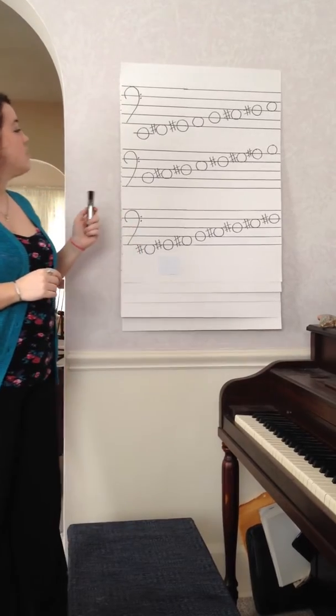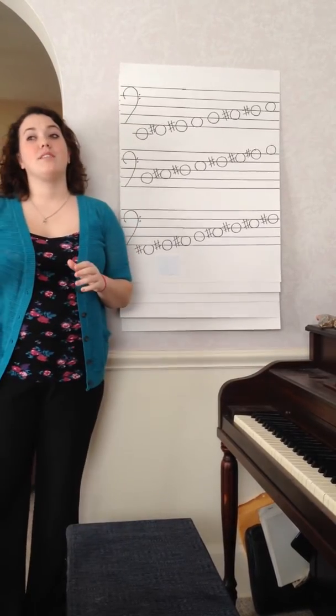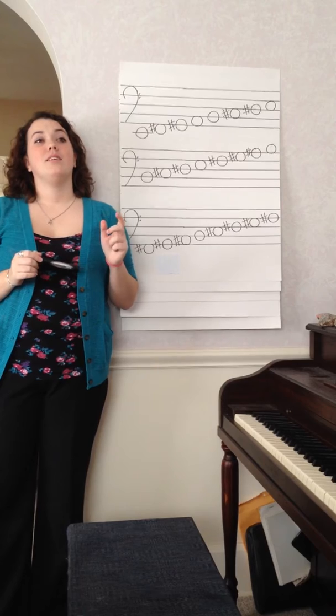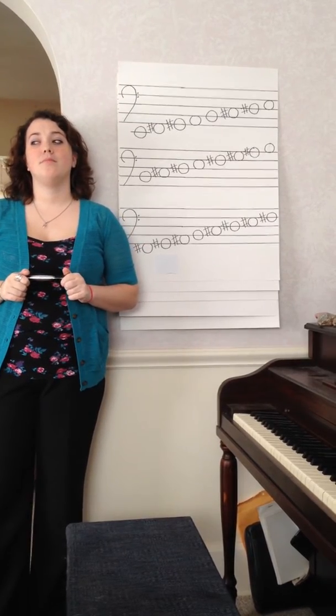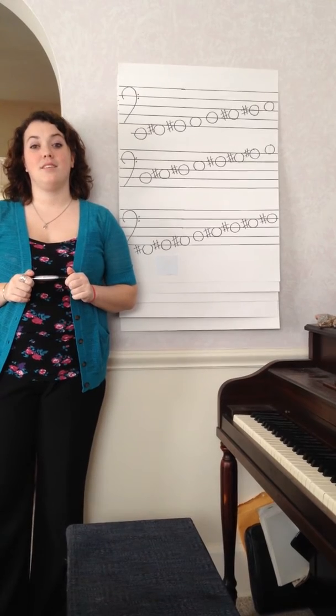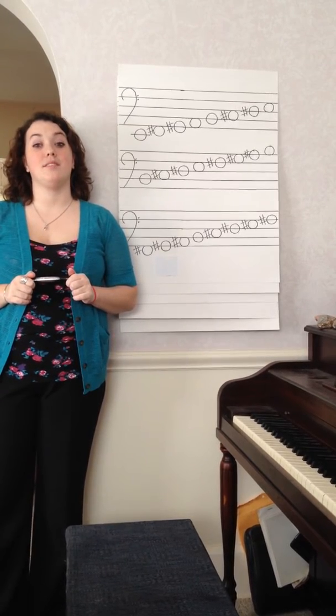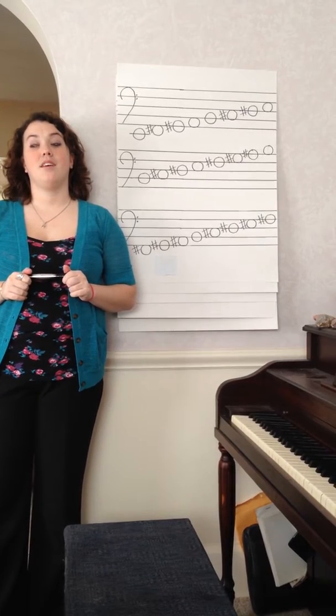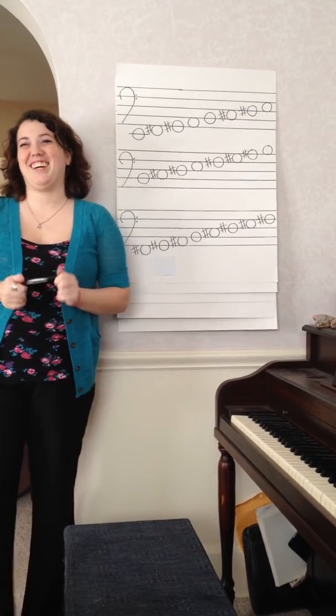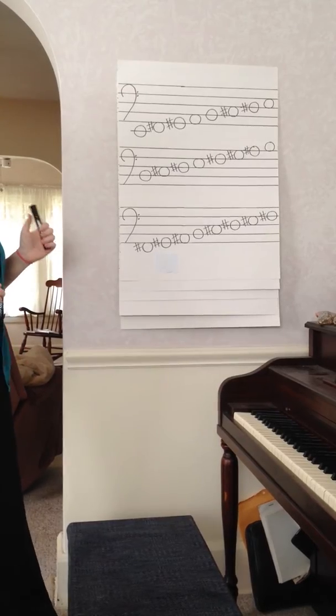All right, so let me give you a quiz, okay? How many sharps does G major have? Yes? 1. Good. And what is it? F. F. Good. All right. And let's see.